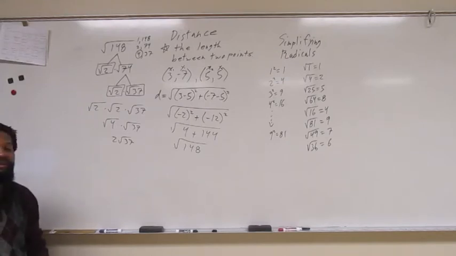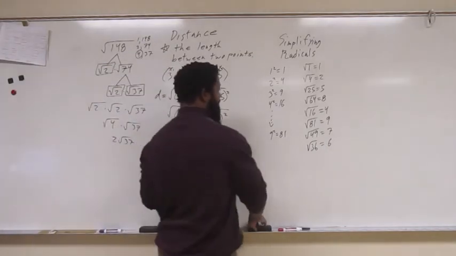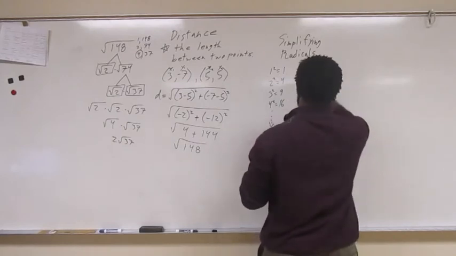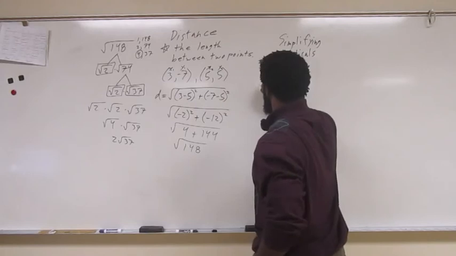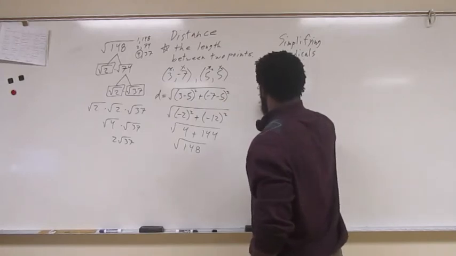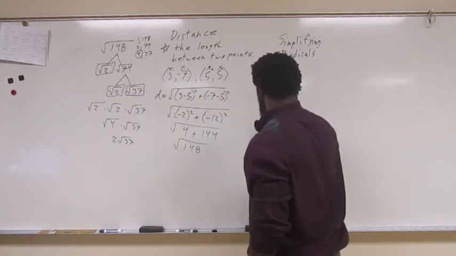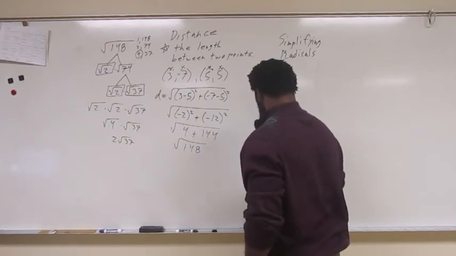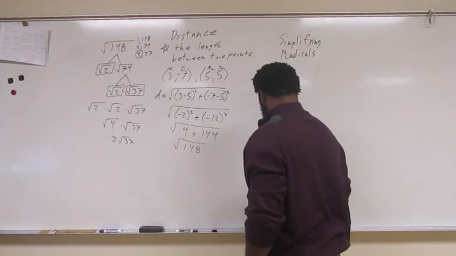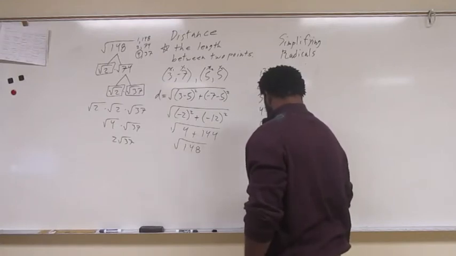What will help is if you write down your perfect squares, literally 1 squared, 2 squared, 3 squared, 4 squared, 5 squared, 6 squared, 7 squared, 8 squared, 9 squared, 10 squared.